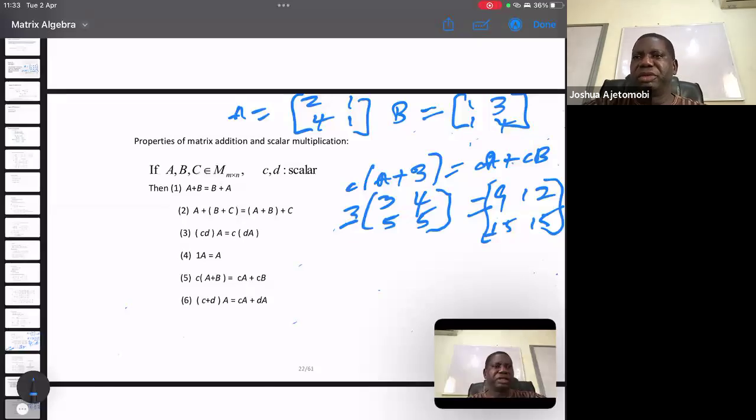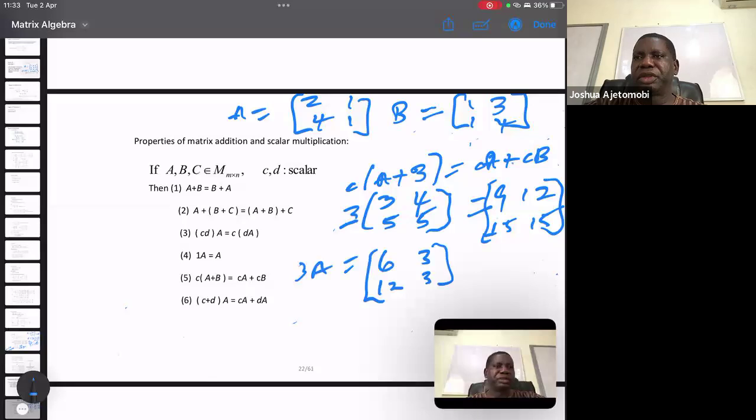Now, CA, that's 3 multiplied by A. So 3A will give us 6, 12, 3, 3.